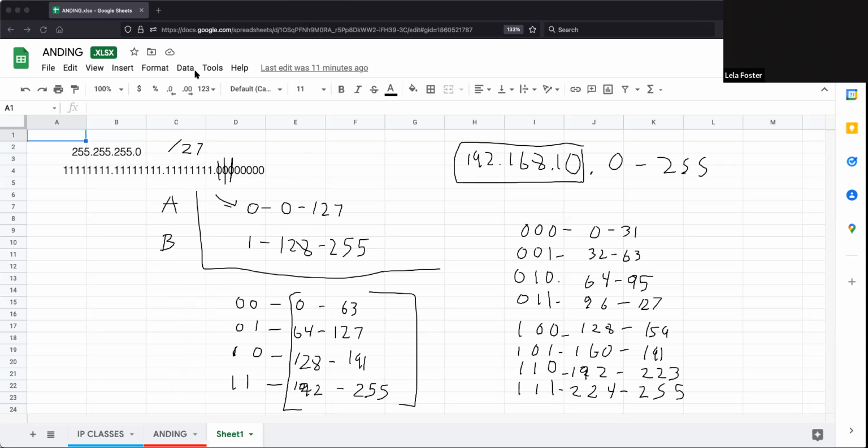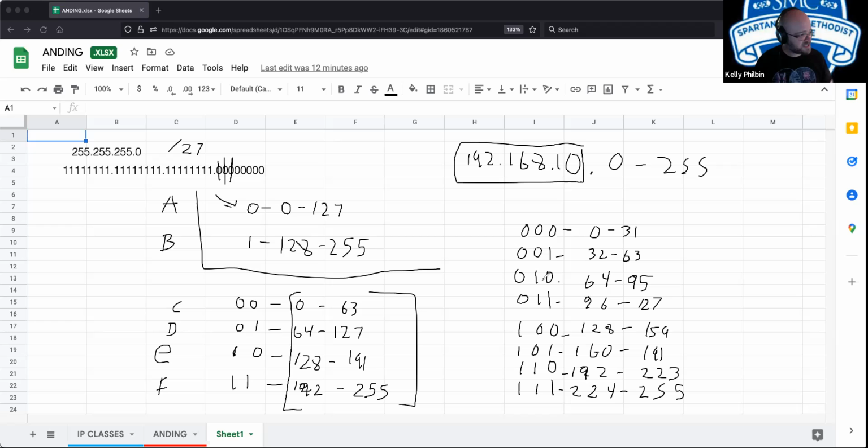If you do /28, then it will go to 16 networks. How many computers per network? Well, how many do we have in /27? How many computers per network over here? 31. Well, 32 technically, because remember 0 is the number. So if we double the amount of networks, what do we do with the number of computers?